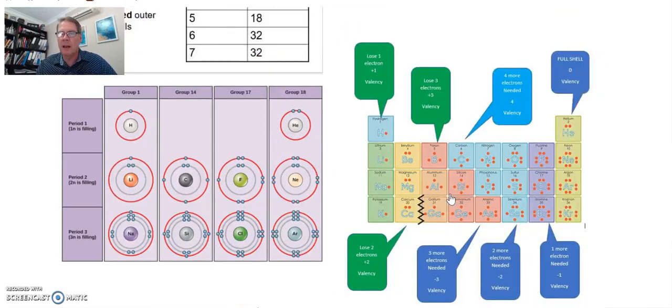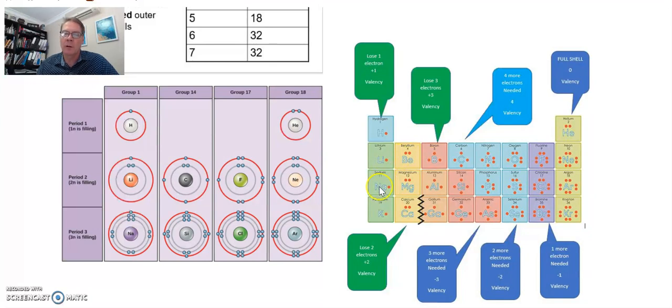Back to the heart of the matter. For example, salt is Na bonding with one chlorine atom. Na has how many in the outer shell? 1. Chlorine has 7. So what does chlorine need to get to an octet? It has 7, it needs 1.